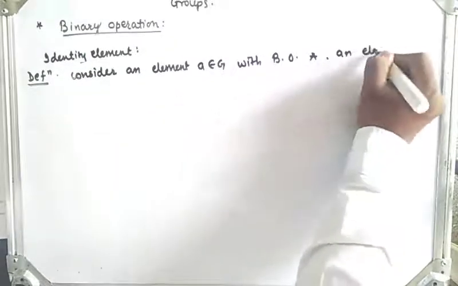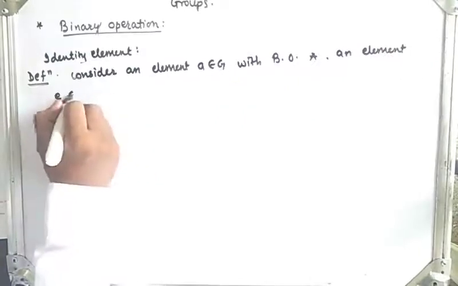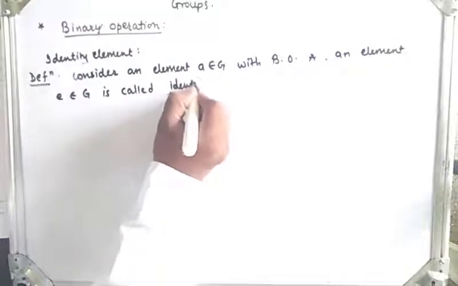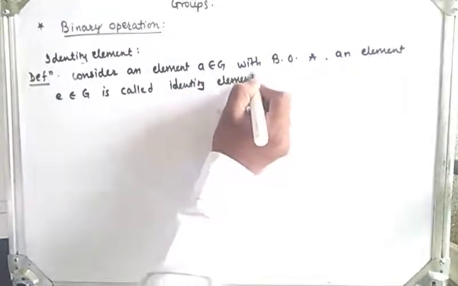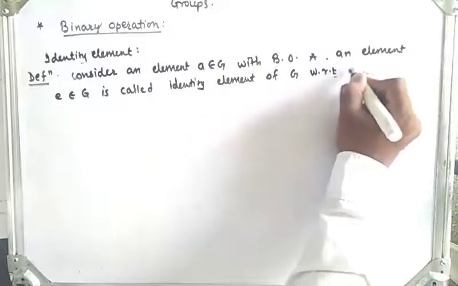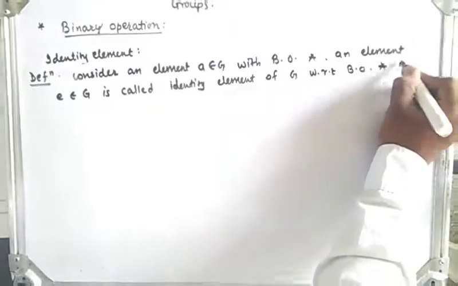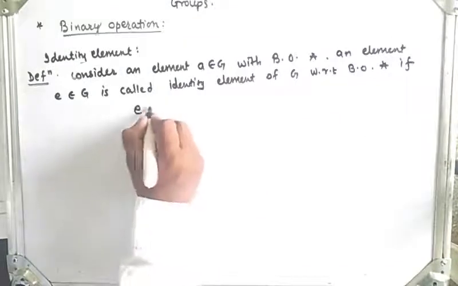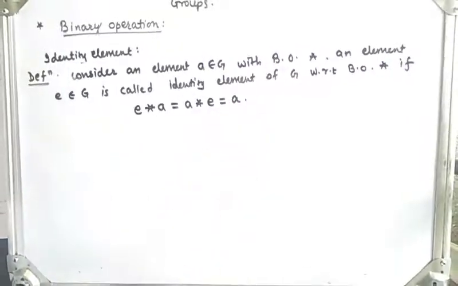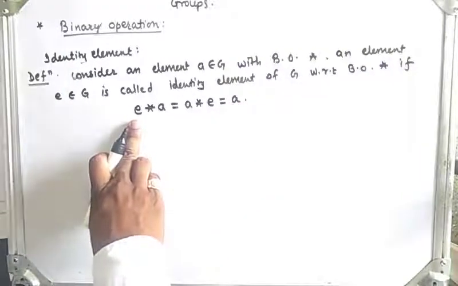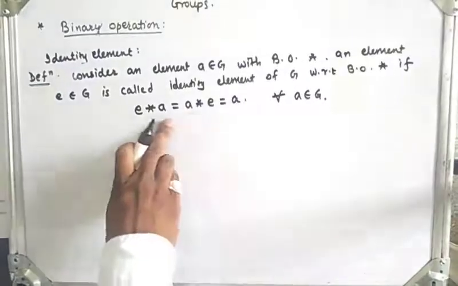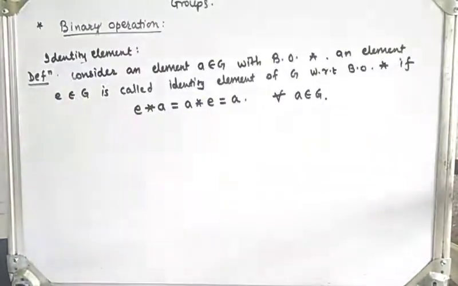An element E belongs to G is called the identity element of G with respect to binary operation star if it satisfies the condition E star A is the same as A star E, equal to A, for all A belongs to G. So E star A is equal to A star E is equal to A, then E is an identity element.